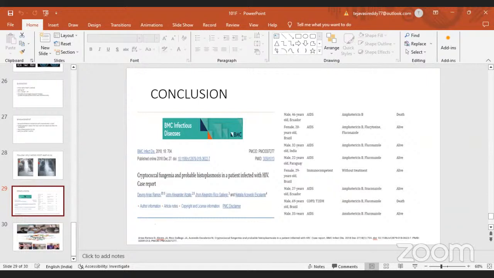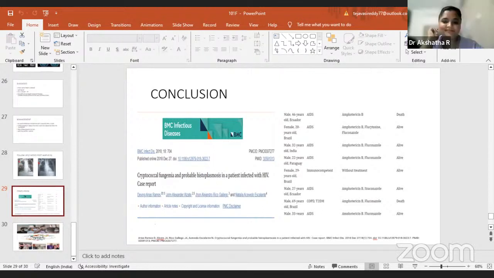If your mycology team is still holding this isolate, then they can send it across to me. Very frankly speaking, unless it is sequence proven, yes, sir.